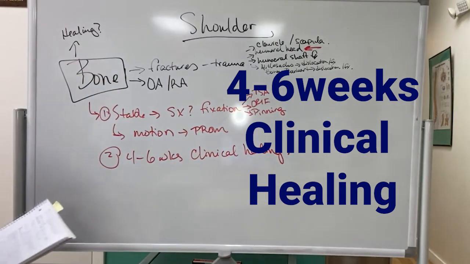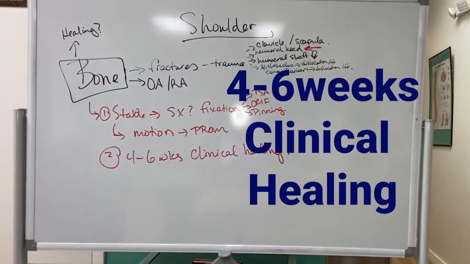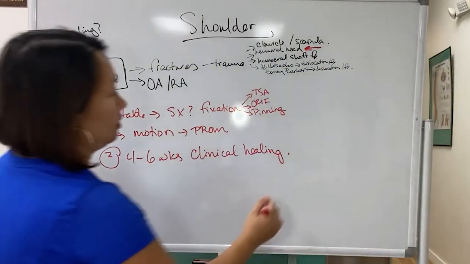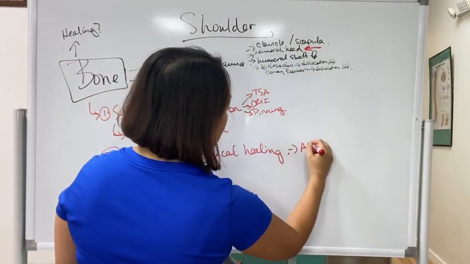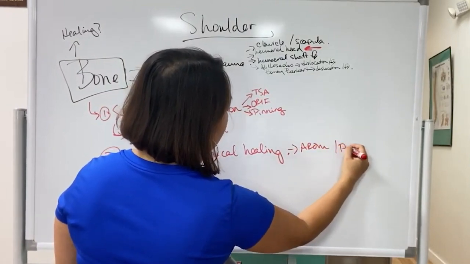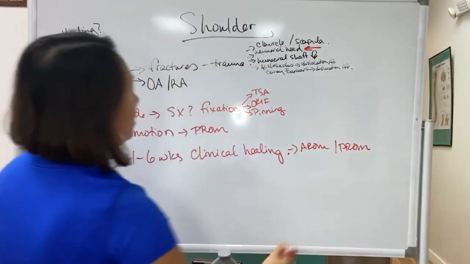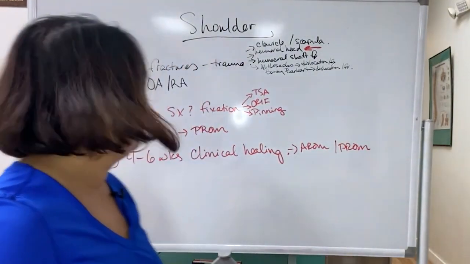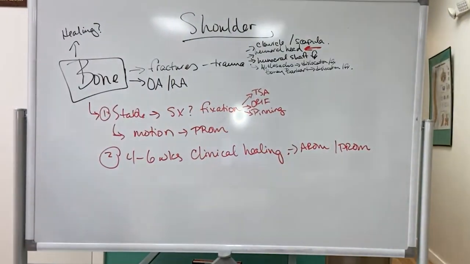All right, so about 4 to 6 weeks, you're gonna have clinical healing, which allows you to do more motion, more active range of motion, more aggressive passive range of motion, right? So if you kind of lump all this information together, that's gonna help you kind of weed in and weed out certain types of problems that are what you're essentially allowed to do.